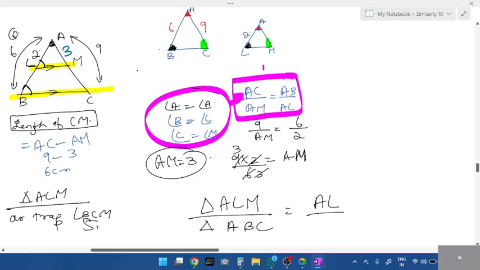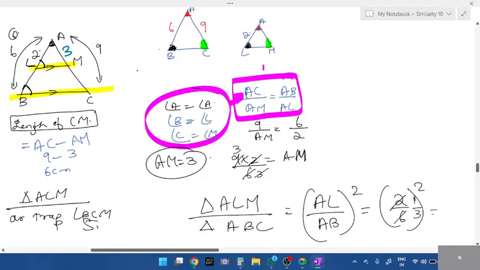Angle M is equal to which one? Very good. Angle C, opposite side is given. Exactly. This is how you have to write. Is this clear? Square it. When you square, what do you get? 2 by 6 the whole square. Then when you reduce it, 1 by 3 squared is how much? 1 by 9. So what's the area of the smaller triangle? 1.